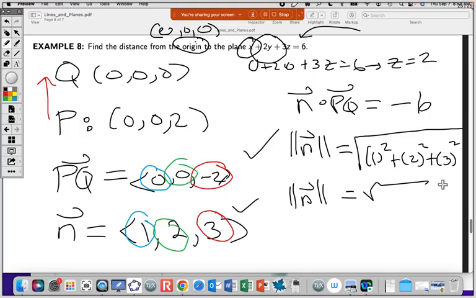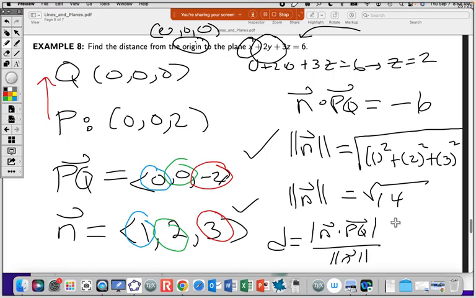And so the magnitude of n, I get the square root of what? Root 14. Good. So my distance then would be the absolute value of n dot pq over the magnitude of n. So that would be a positive 6 over root 14 units, whatever the units of distance are.